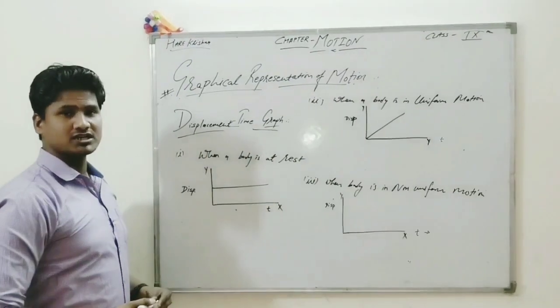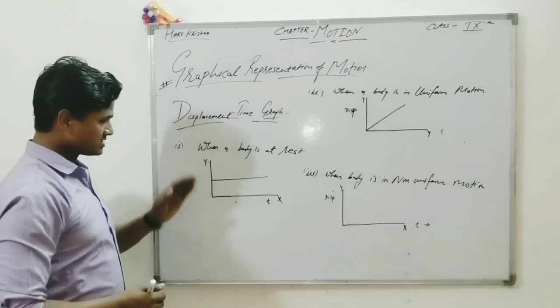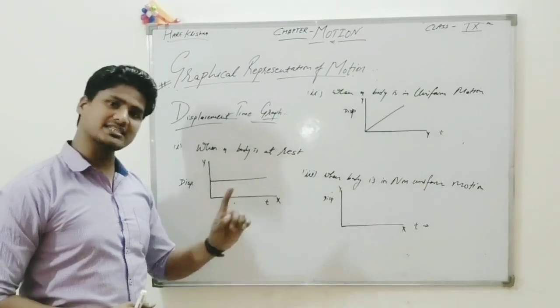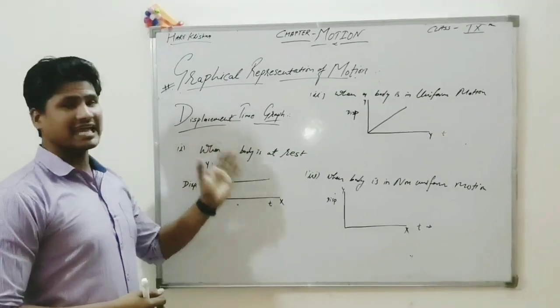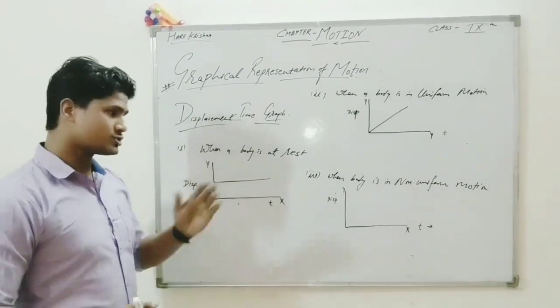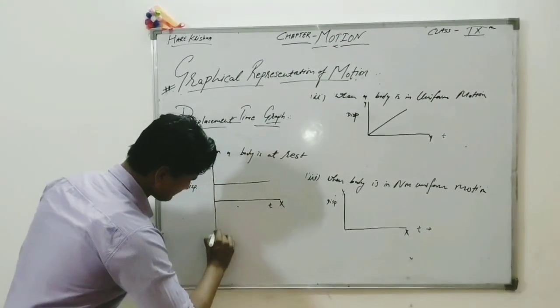Now we come to our displacement time graph. In this graph, the three conditions are the same as the distance time graph, but we should know that the displacement time graph can be positive and negative, so we obtain the same graph on the negative side.